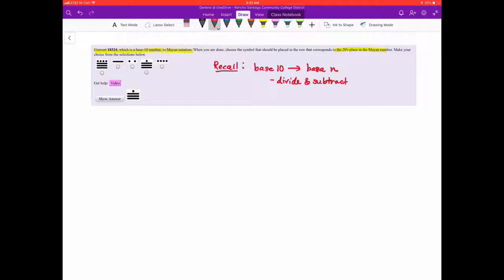The second thing we need to know is the Mayan numeration system is in base 20. So these are the two things we need in order to convert this base 10 number to Mayan notation.